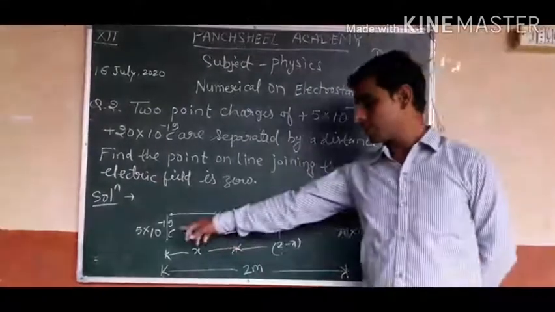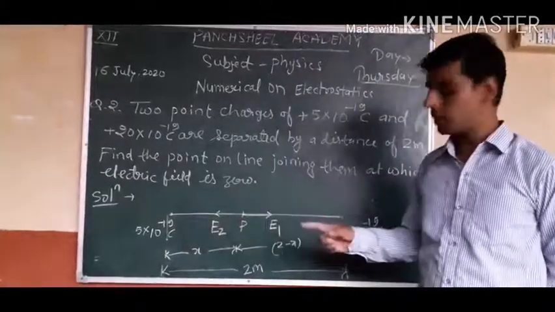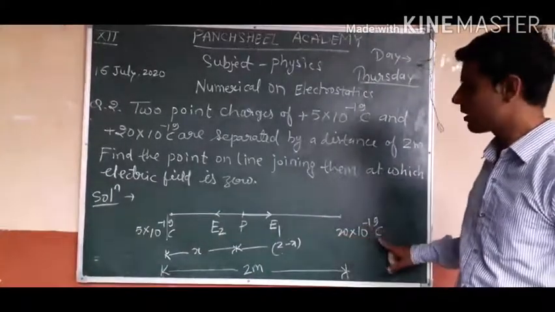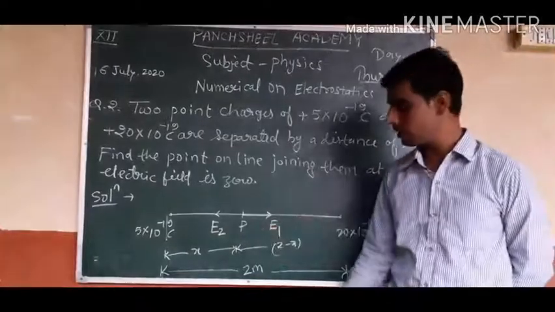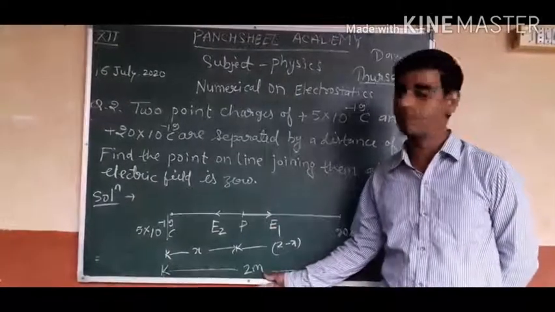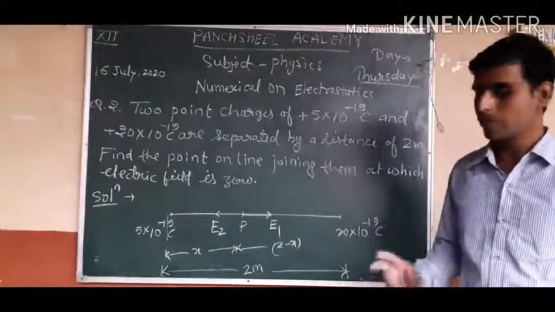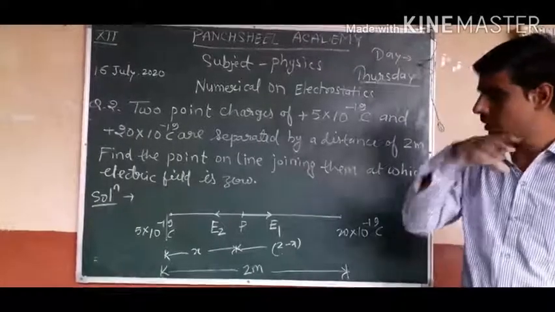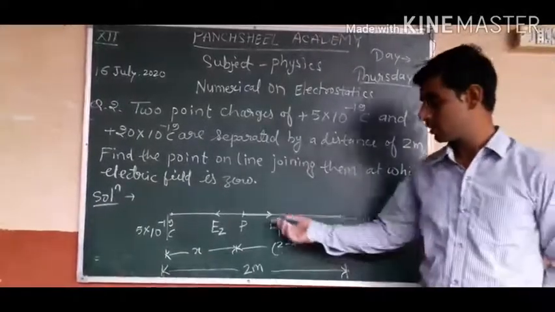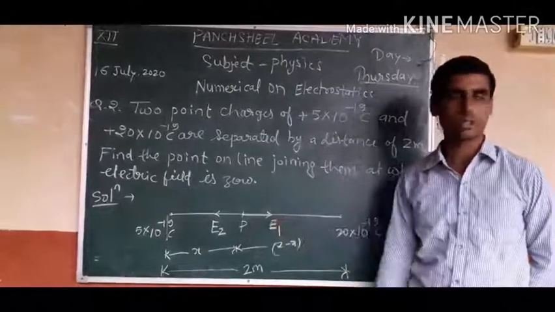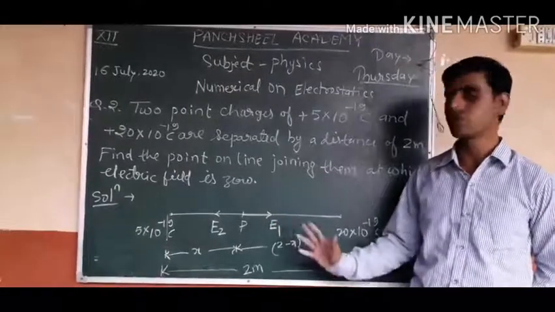So you have to find out where the point is located at which the electric field intensity is 0.